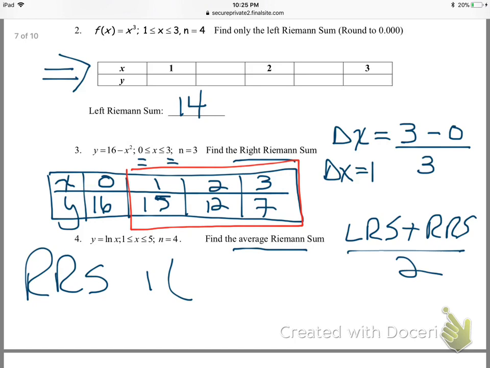So 1 times 15 plus 12 plus 7, because remember I'm getting areas of those rectangles, and you should be getting for number 3 a value for right Riemann sum of 34. Alright, so I'm going to let you do 4 on your own.